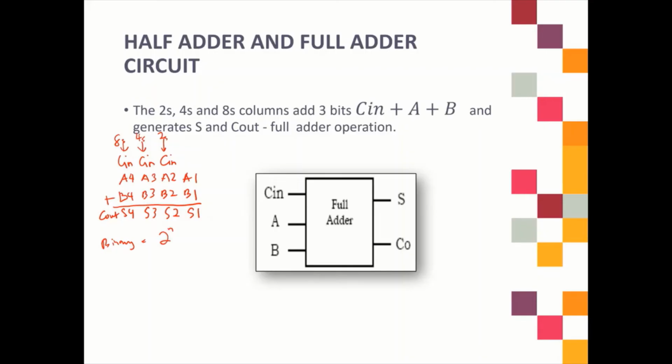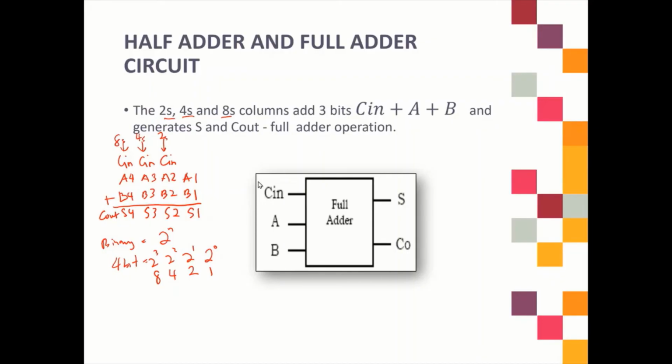For example, if you have 4 bits, you start with the first one, 2 power of 0, 2 power of 1, 2 power of 2, and 2 power of 3. These values are equal to 1, 2, 4, and 8. This is where the values 2, 4, and 8 come from, and you need to add between these values.